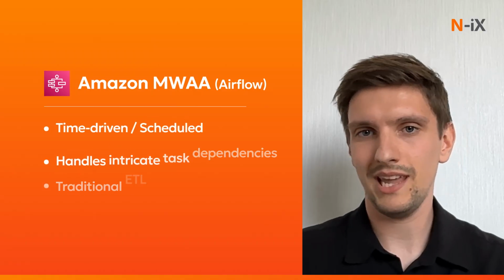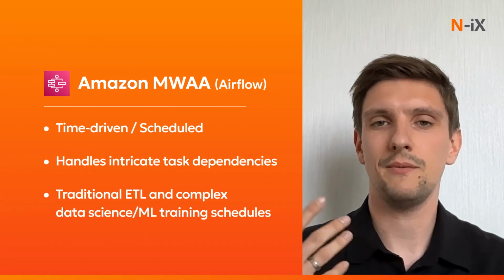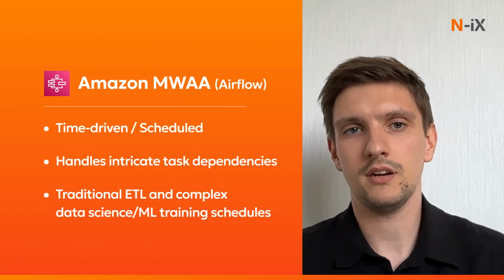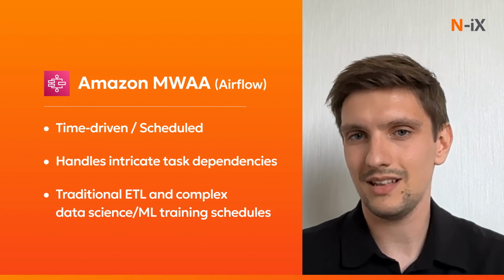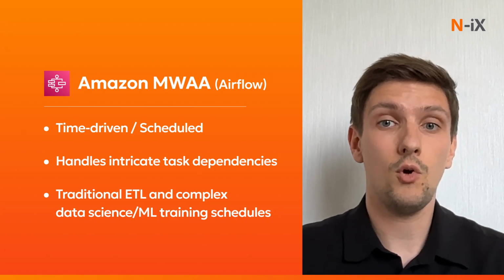But what if your workflow isn't about reacting to events in real time, and instead involves complex scheduled batch jobs with many dependencies? That's where Managed Workflows for Apache Airflow, or MWAA, comes in as the undisputed champion of complex, time-based batch processing. If you have hundreds of jobs with complicated dependencies where, for example, job D can only run after A and B, and job E runs after D, but only on the last day of the month, that's Airflow's bread and butter.